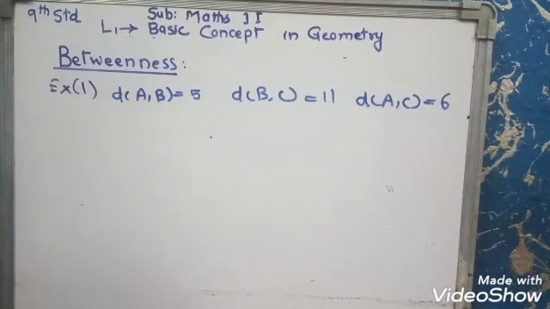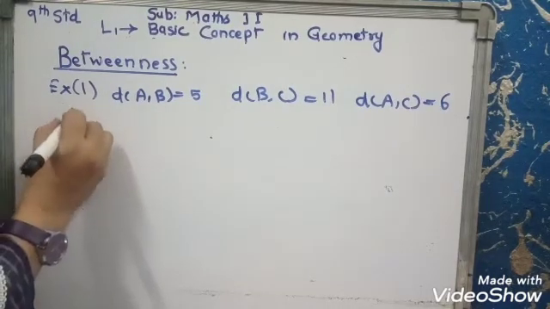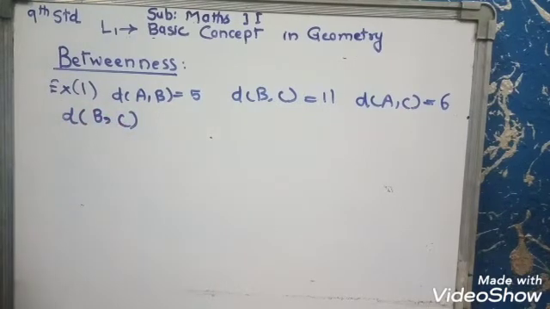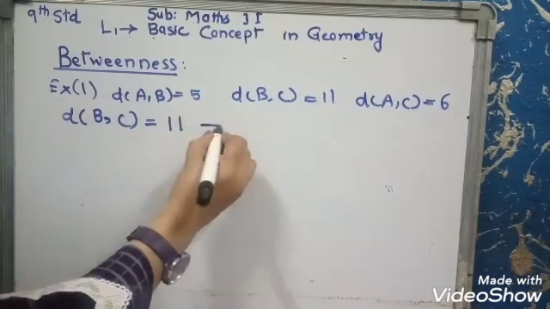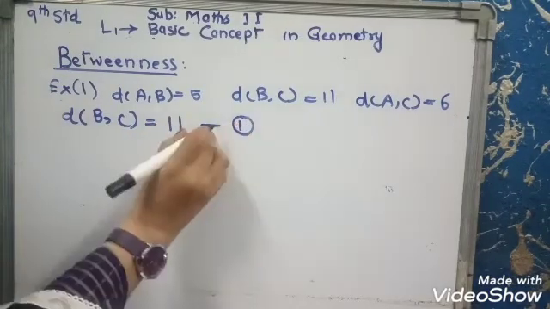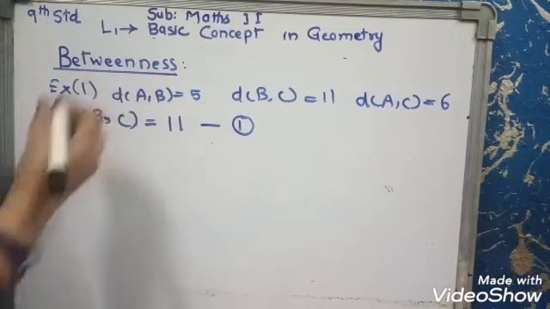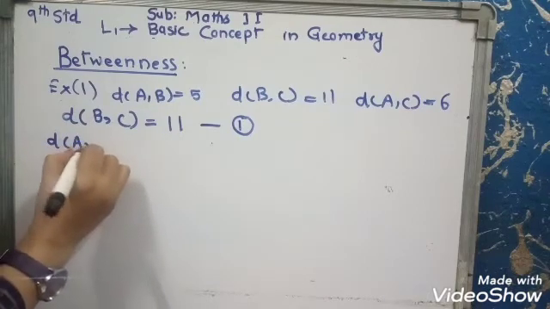Solution: points A, B, C, these are the given distances. Now the greatest distance is distance BC. We take distance BC is equal to 11. This is our equation number 1. Now the smaller distances are distance AB and distance AC.